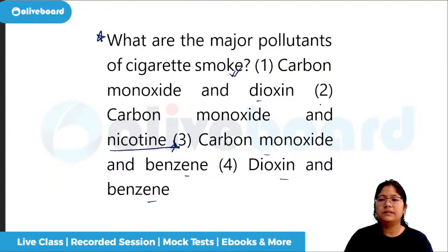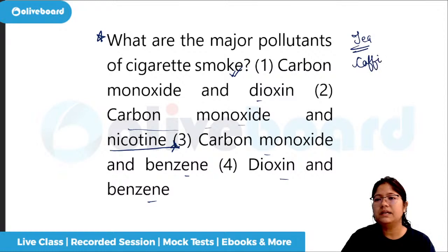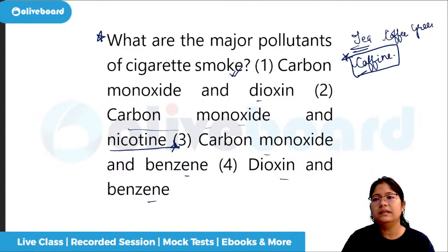And here look at this option number 2, you have carbon monoxide and nicotine. Also note that in case of tea, coffee, green tea, there is caffeine. So this is also asked many times. Caffeine is in tea, coffee, and what about green tea? In green tea also it is present.